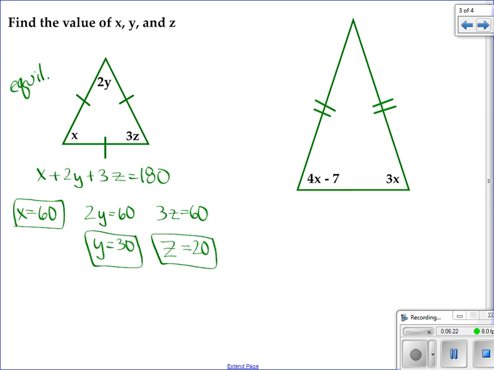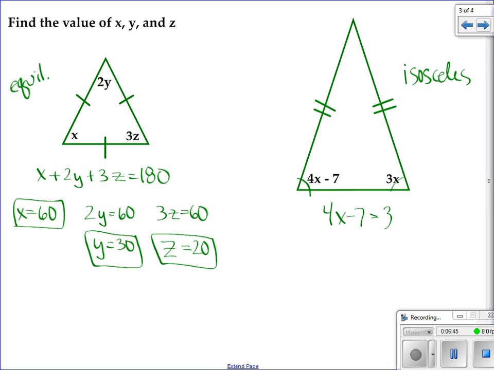Next triangle is isosceles. So if it's isosceles, what was that sentence? Then the base angles are congruent. So your equation is what? They have to equal each other.